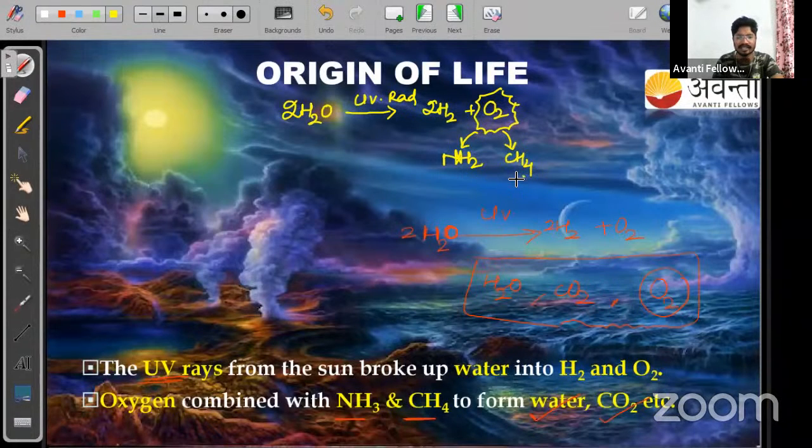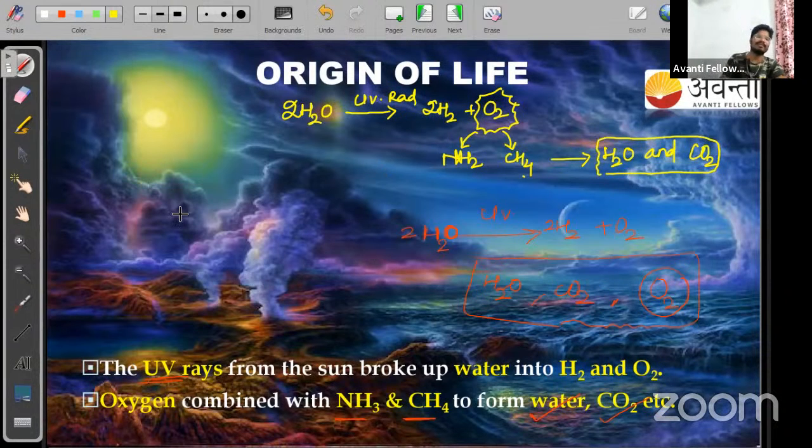This resulted in formation of water and carbon dioxide, which is quite important and very much necessary for the existence of life. Is that clear to everybody?